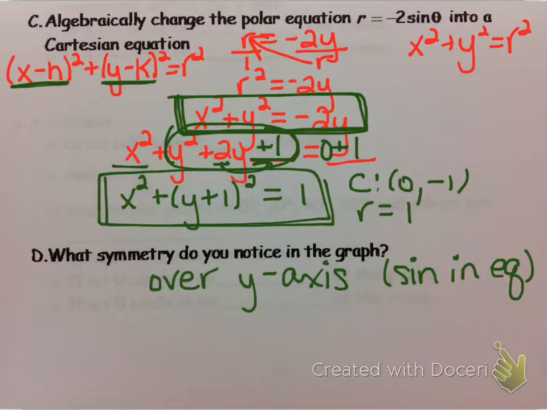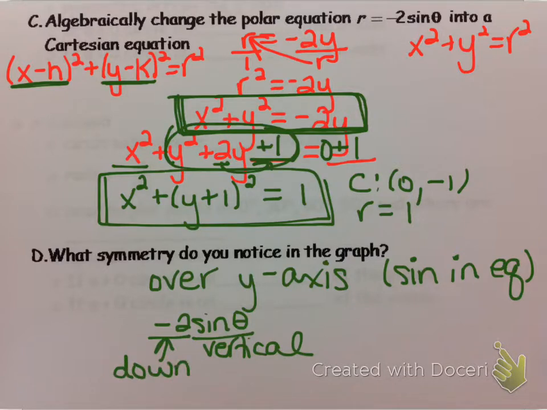Well, you may have guessed, but it's because of the -2 in front of the sine. So this is what tells us that it was a vertical circle shift, and this is what tells us two things. It tells us that it went down because it was negative. If it had been positive, it would have gone up. But our circle also started at 0 and it went 2 units out. So it also tells us that our diameter is 2 units for our circle.